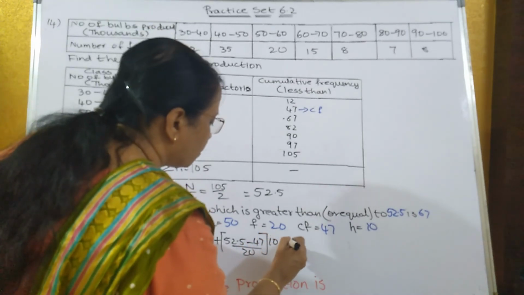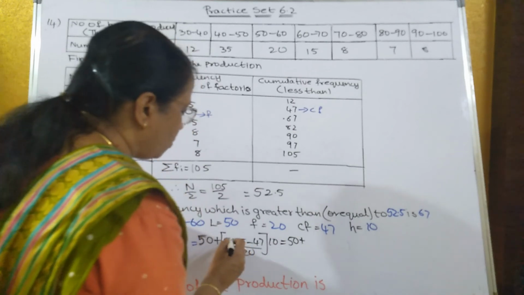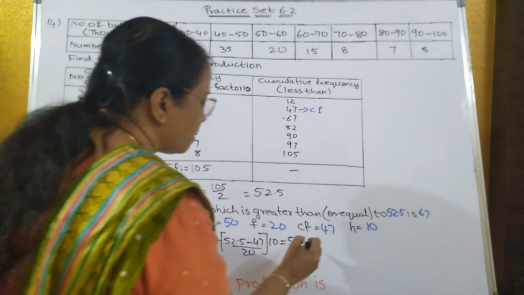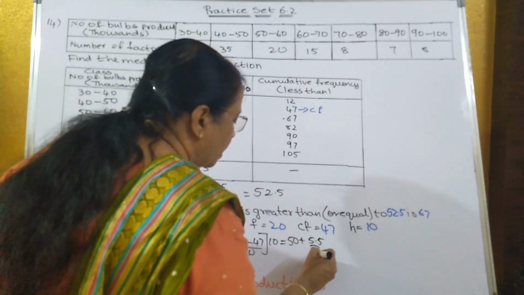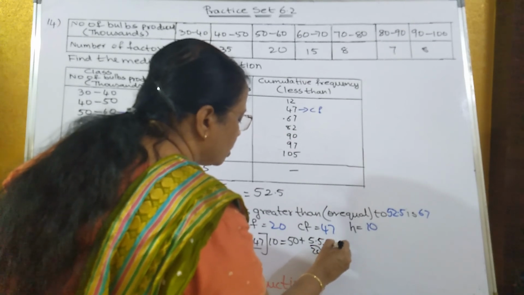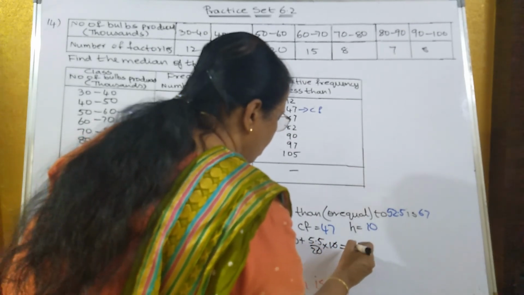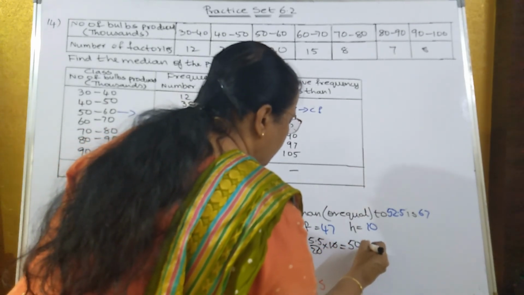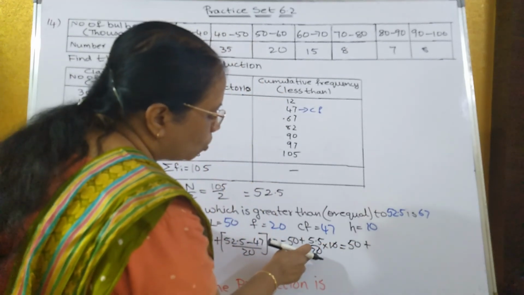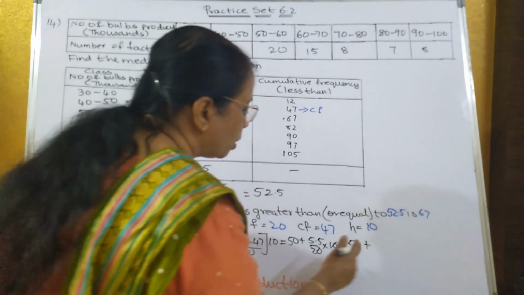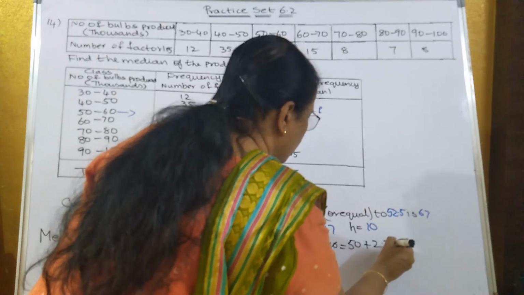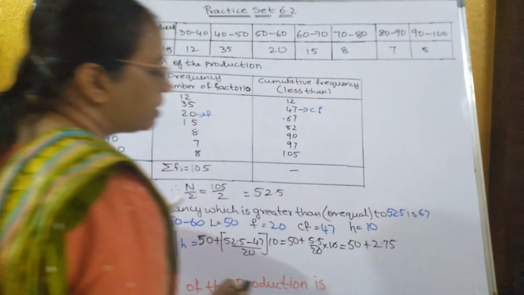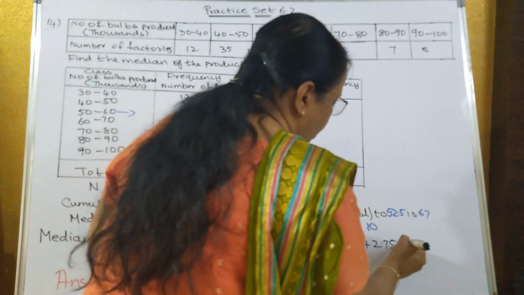That is equal to 50 plus 52.5 minus 47, which is how much? 5.5 upon 20 into 10. Now this 0 will get cancelled. So that is equal to 50 plus, now when you divide 5.5 by 2, what you get? 2.75.